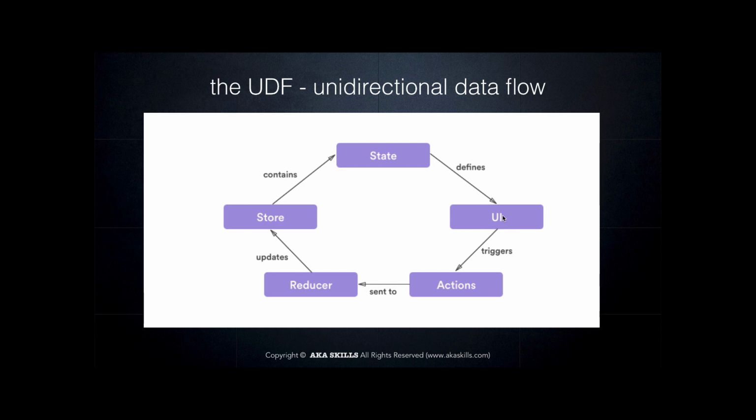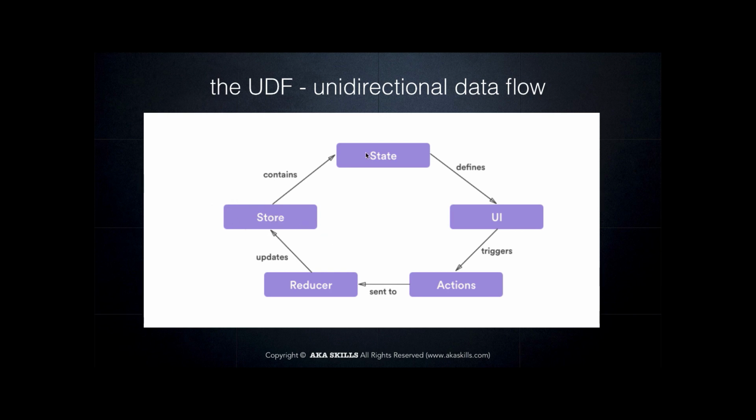He or she presses a button, puts some data into a form, uses a slider, uses select boxes, whatever you can imagine. And interaction with the UI triggers an action. We will build these actions later. These actions are sent to reducers, and these reducers will update the store. This is the Redux global store.